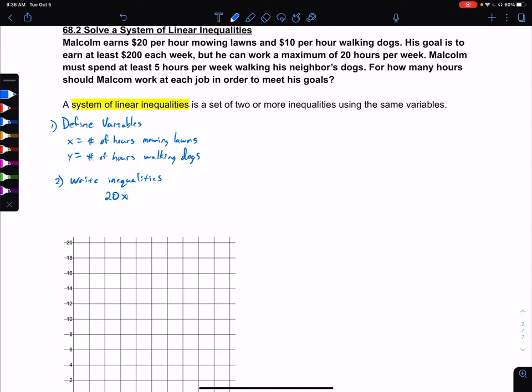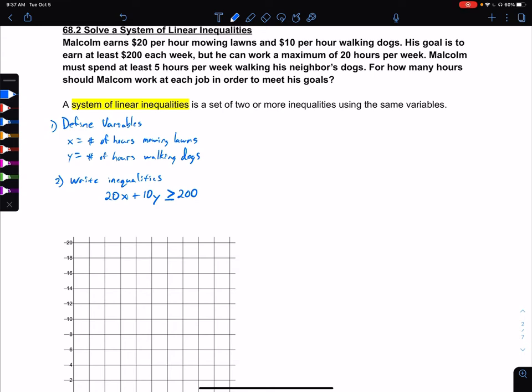And then his profit for walking the dogs would be 10 times y, because that'll be the amount of money that he makes walking the dogs. He wants to make at least $200 each week. So this income, 20x plus 10y, has to be greater than 200. But he's also okay with earning exactly 200, so 200 is okay. So the income has to be greater than or equal to 200.